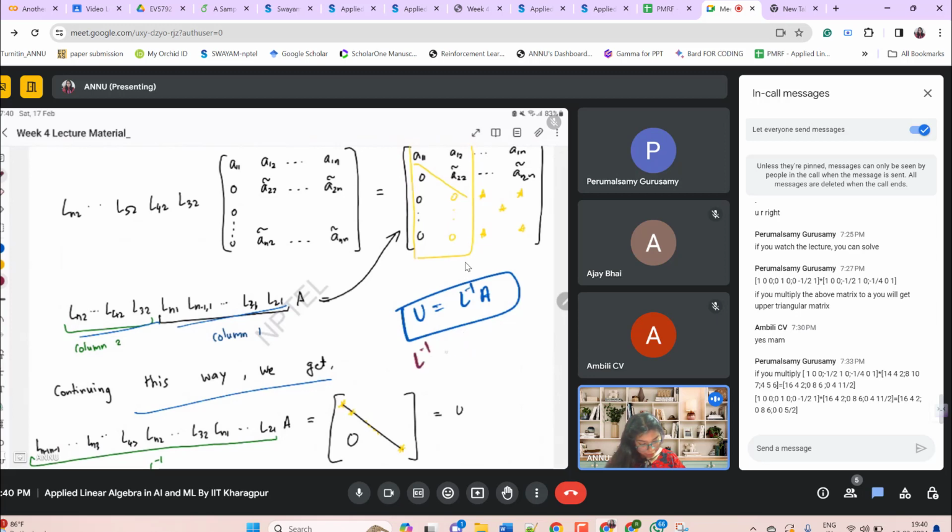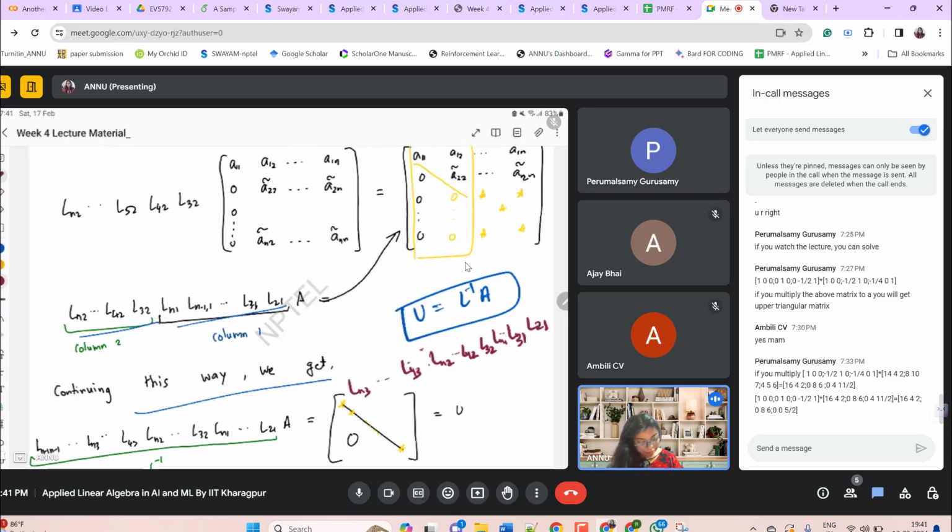L inverse is nothing but L21, L31, up to Ln1. Then this is L32, then L42, up to Ln2. Then multiplied by L43 till Ln3, like this.